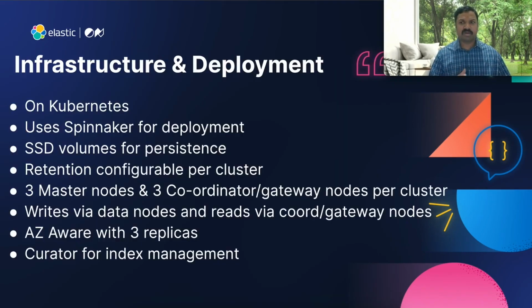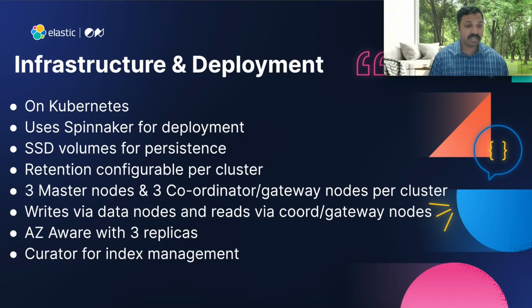Now again, a little bit of insight into our infrastructure and deployment. We are on Kubernetes. We use Spinnaker for our deployment. We use custom Helm charts. Currently we don't use the Elasticsearch operator because of some security considerations. We are using SSD volumes for our persistence, and our retention is configurable based on the cluster.